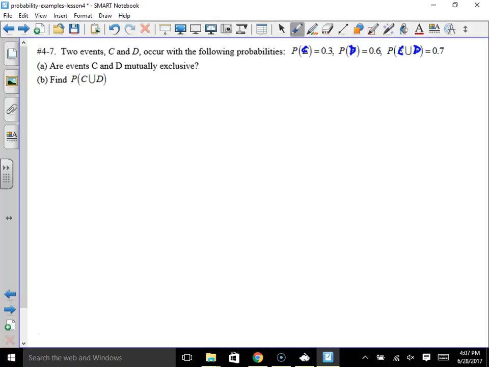Are the events mutually exclusive? Okay, so mutually exclusive would mean that the probability of C and D is equal to 0. So actually, let's make a little diagram of the situation here. C and D would be what we would call mutually exclusive or disjoint.